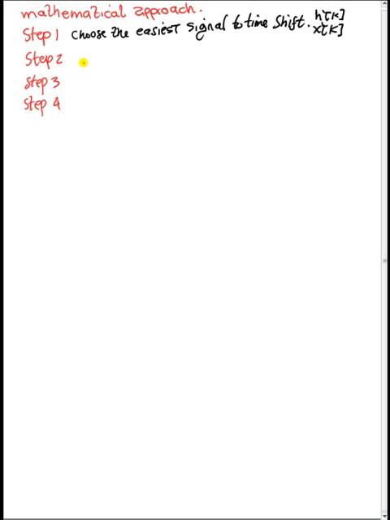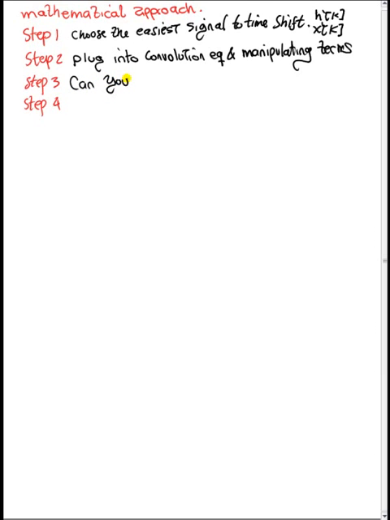Now step 2 is just plugging into the convolution equation and manipulating the terms. And then step 3 is the big question: can you change the limits of the sum, make it look like something you can actually simplify?